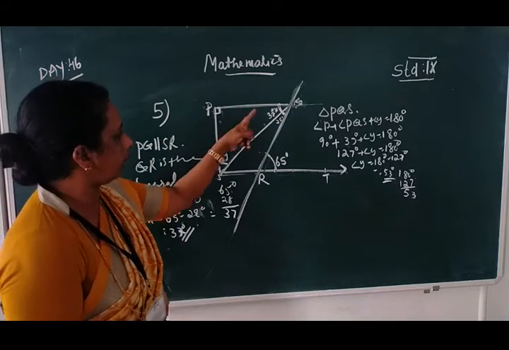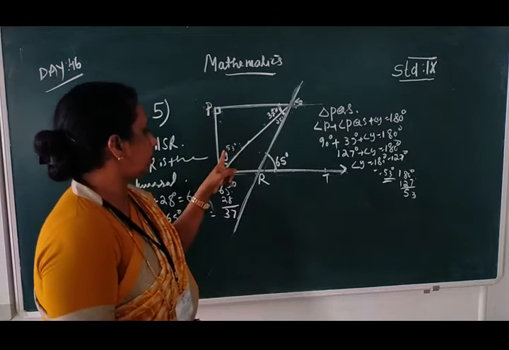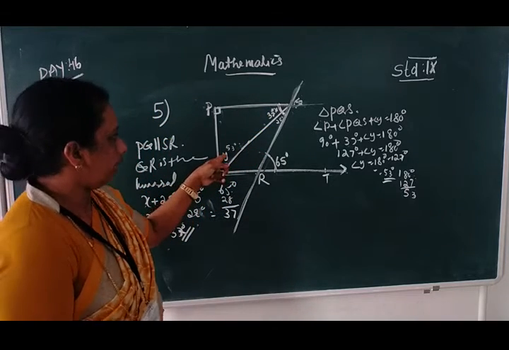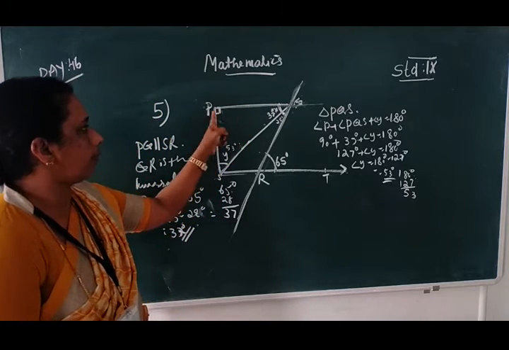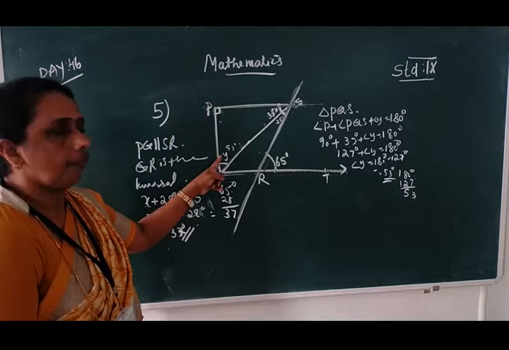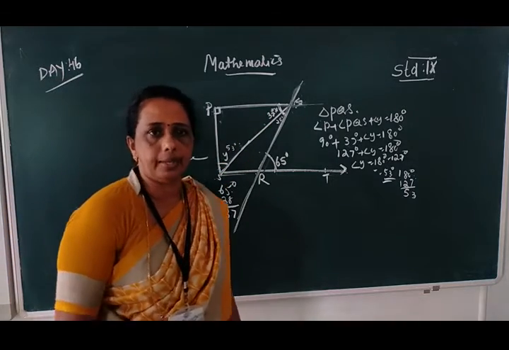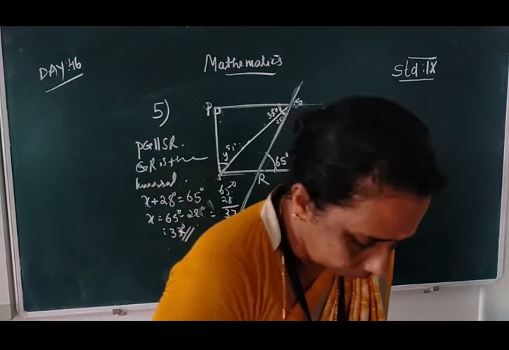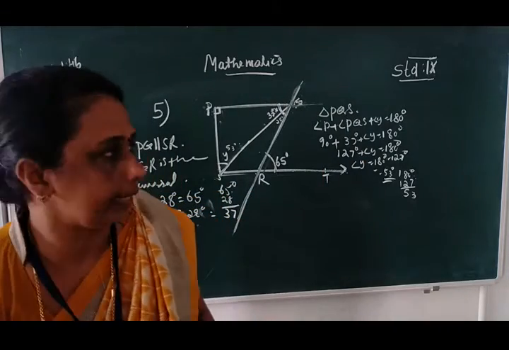The sum of the three angles is equal to 180 degrees. This angle is 37 degrees and this angle is 90 degrees. Using the angle sum property we can find angle Y, that is angle PSQ. We get 53. Okay. Then in this lesson only one more problem is there.